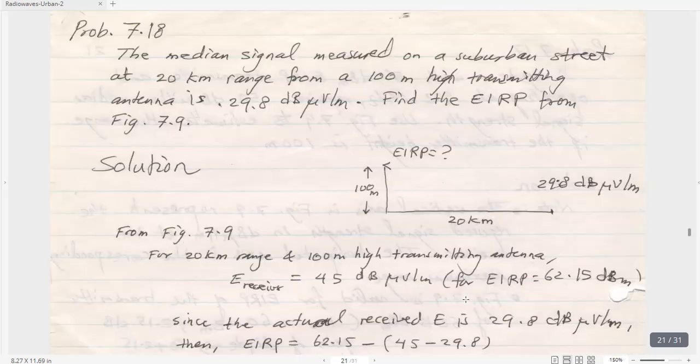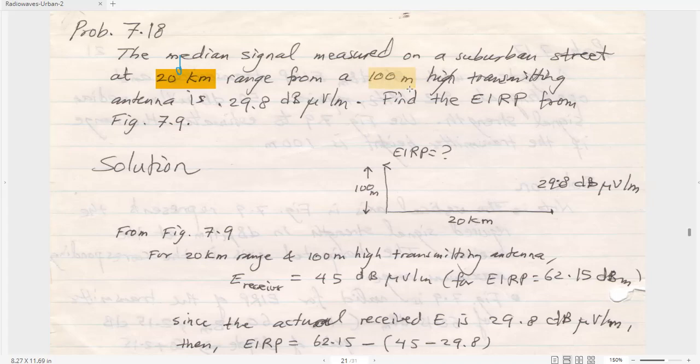Another example: the median signal measured on a suburban street at a 20 kilometer range, the distance is 20 kilometer, from a 100 meter high transmitting antenna.